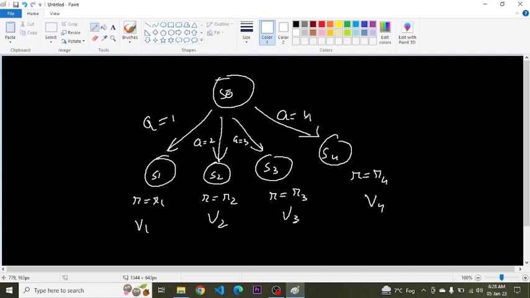Also assume that we know the values Vi of all the states connected to state S0, and what will be the best course of action that the agent can take in such a state? If we choose a concrete action and calculate the value given to this action, then the value will be like this.